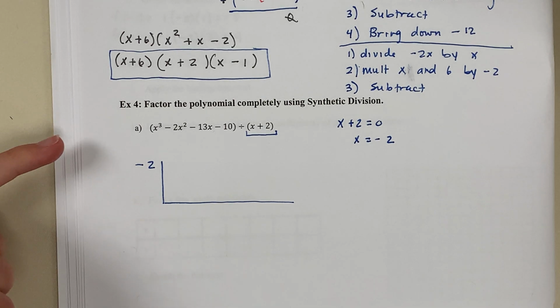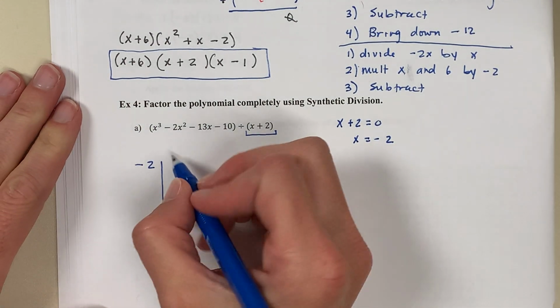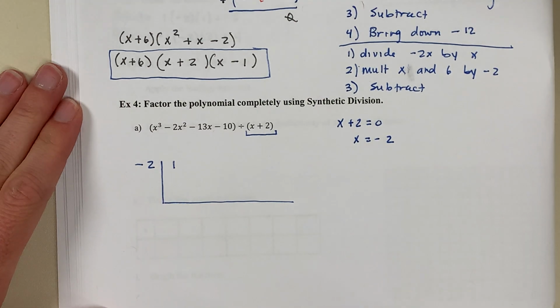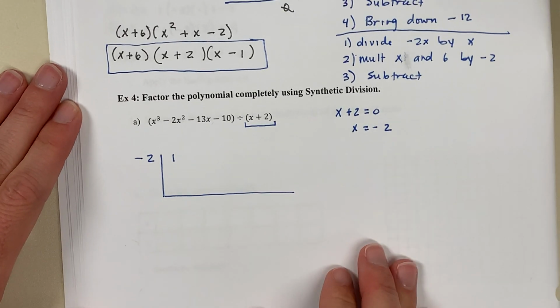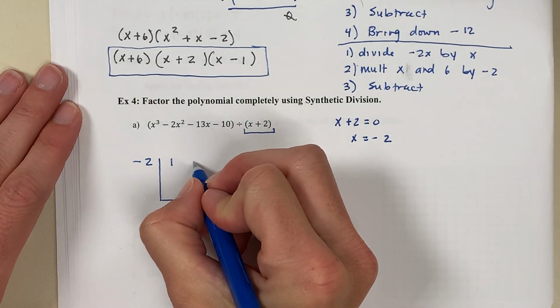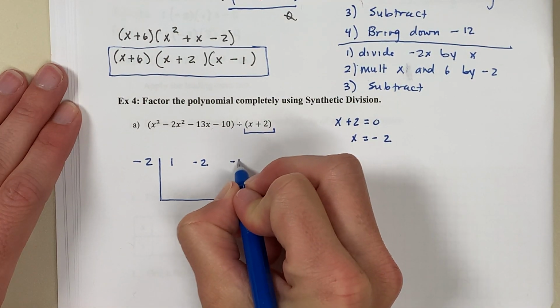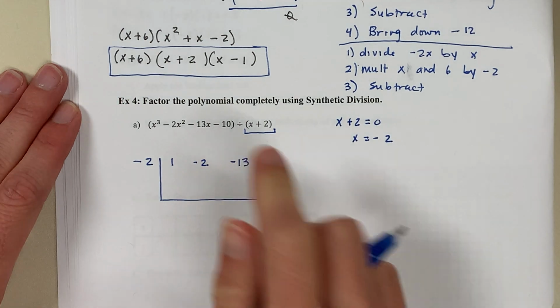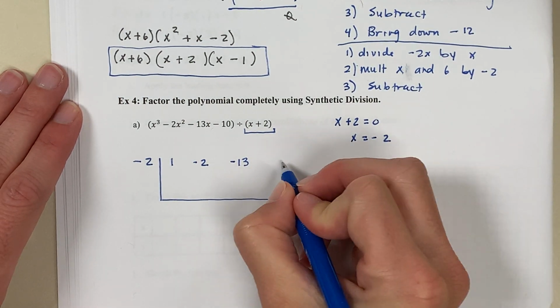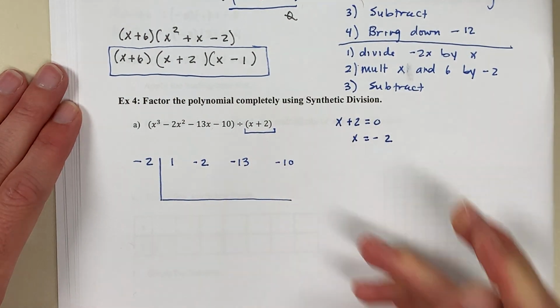Now in this example, we have every term accounted for from the third power all the way down to the 0 power. X to the third power has a leading coefficient of 1. X to the second power has a coefficient of -2. X has a coefficient of -13. And x to the 0 power, which is our constant, has a coefficient of -10.